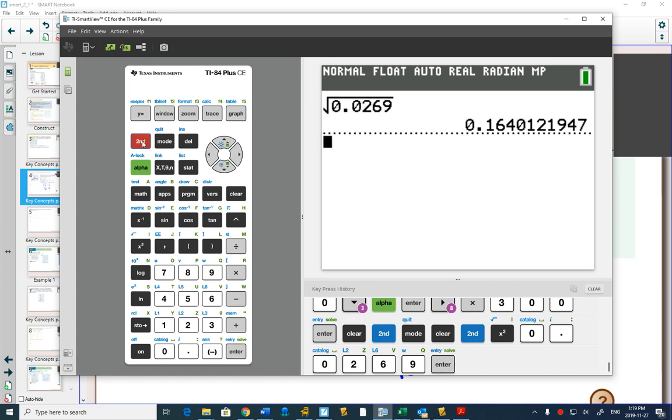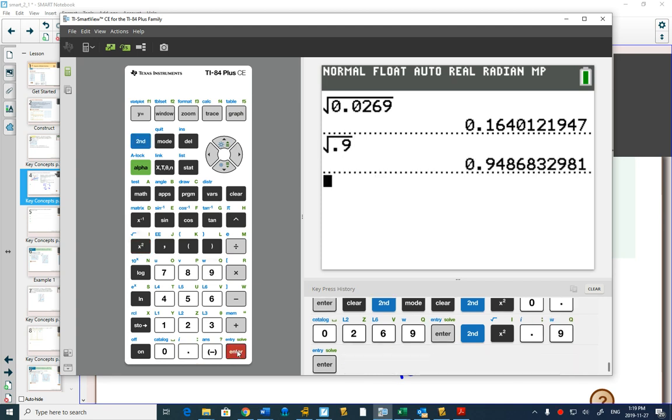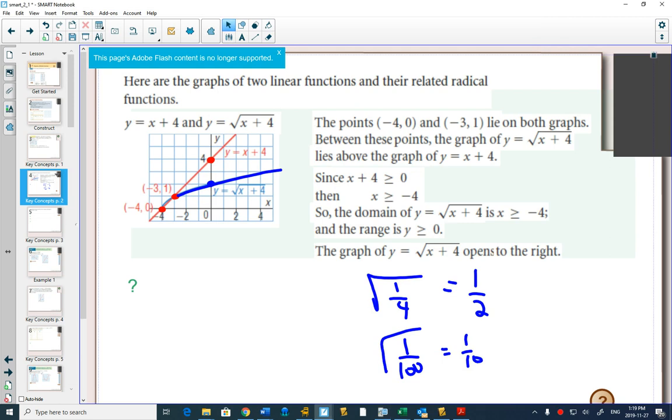Anytime you do the square root of something between 0 and 1, 0.9, enter, 0.95. It's bigger. So when we look at our graph, in this little section between 0 and 1, where your y values on your original graph were between 0 and 1, your blue graph is slightly above your red graph.